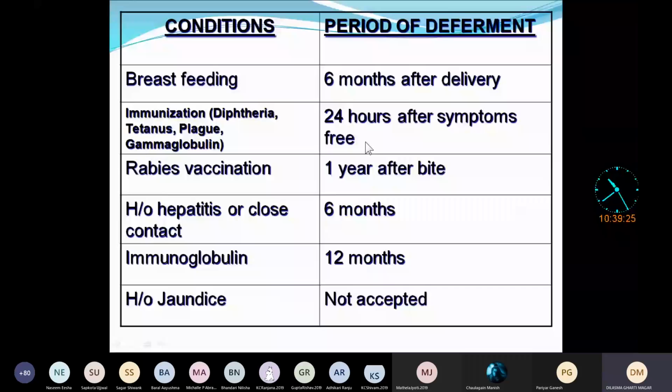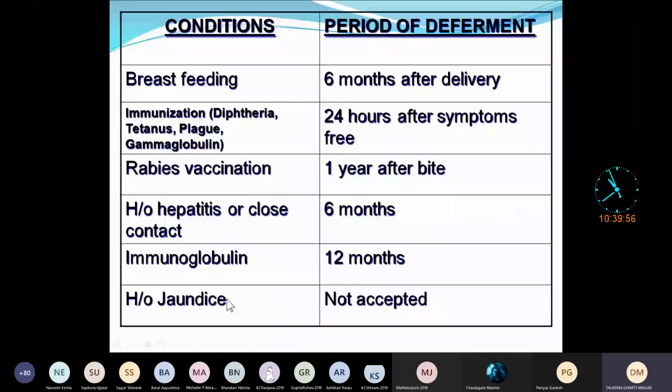And in case of rabies vaccination, 1 year after the bite, means after rabies vaccination, 1 year later only we can take the blood. And in case of hepatitis and close contact, we will not take the blood for 6 months. And in case of immunoglobulins, if a person has taken immunoglobulins or been vaccinated, we will not take the blood for 12 months. It is also 1 year. And in case of jaundice, we will not accept the blood at all.